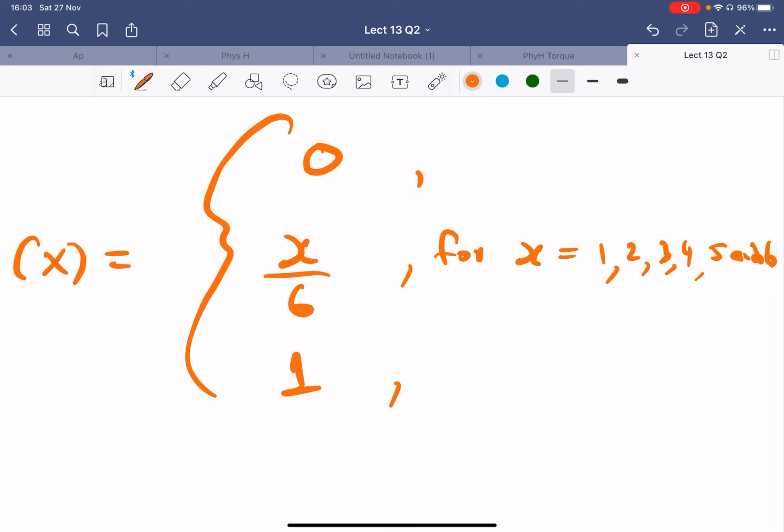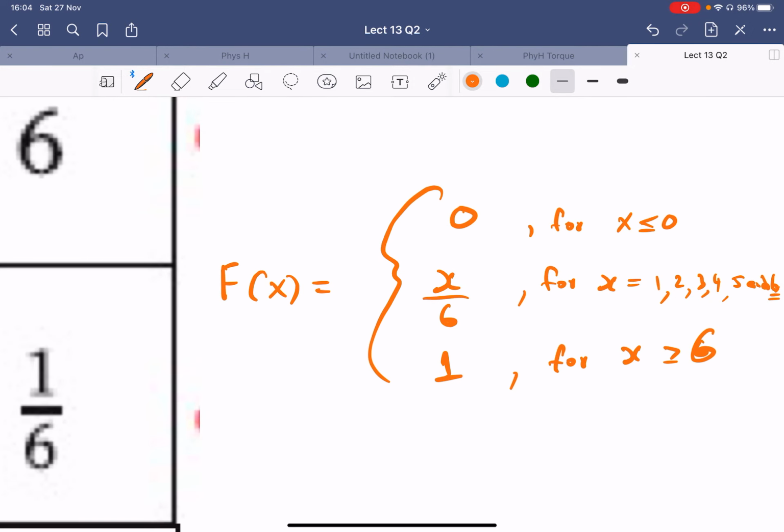And this is for x less than, I'll just go with less than or equal to 0. This is for x greater than or equal to the last value here, which is 6. Okay, so this is a proper way of writing it.